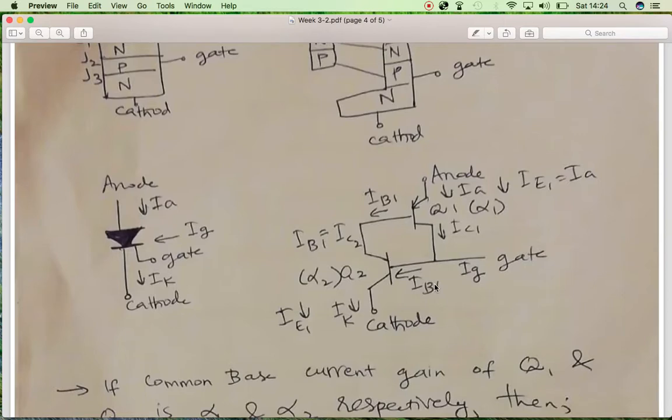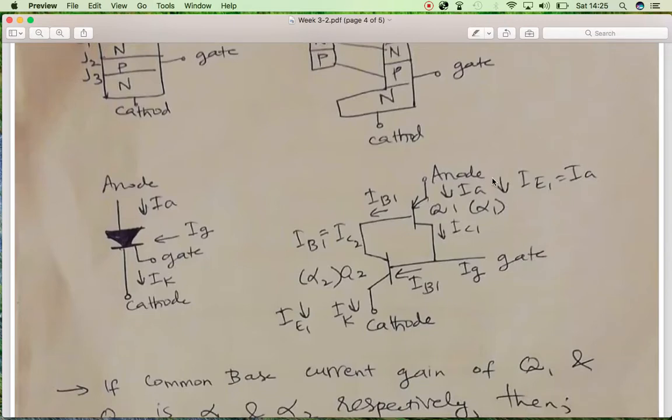So you have to correct this IB into IB2, this IE1 into IE2, and this is the collector current of the second transistor. Similarly, this is the base current of the first transistor, which is IB1, this is the collector current of the first transistor, and this is the emitter current of the first transistor.